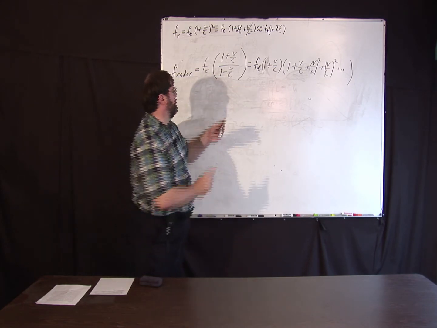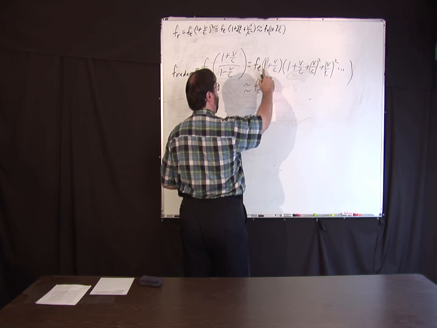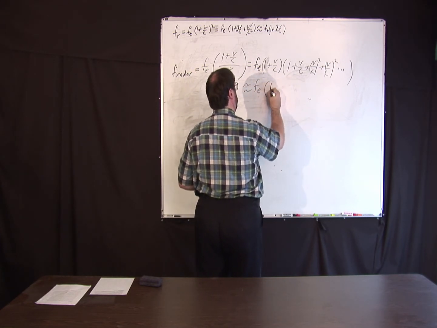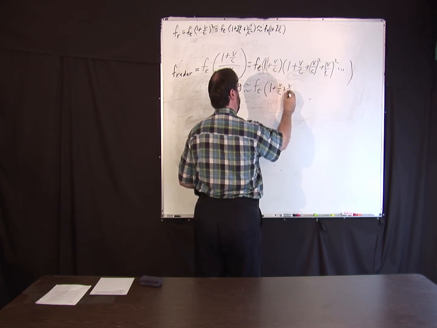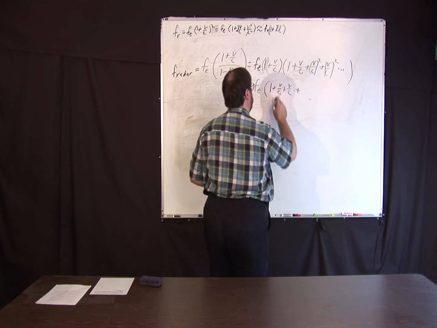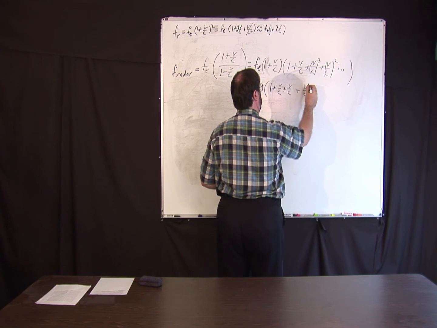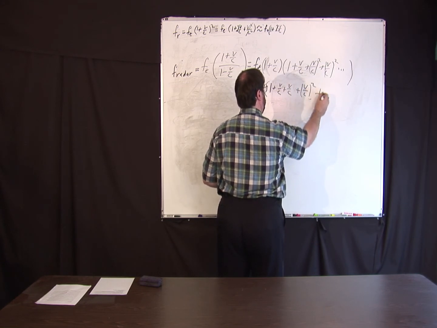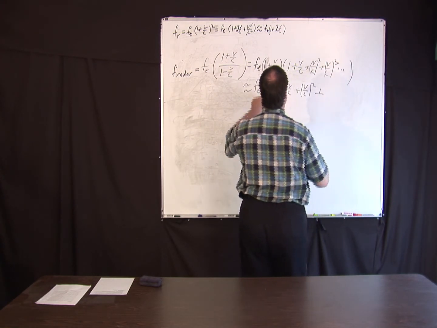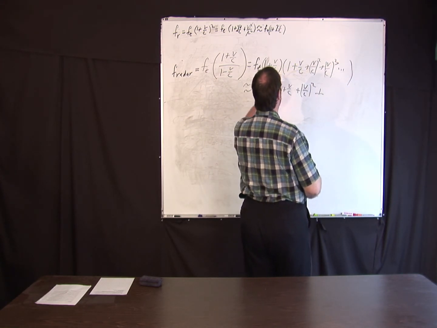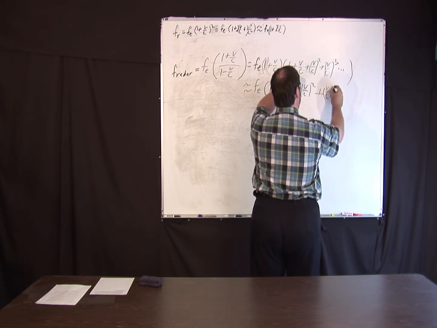Well, this is approximately equal to, let's just do a few terms. We got 1 plus v over c, times v over c plus 1, plus 1 times v squared over c squared, plus... cubed, so we got a v over c times v over c here, so we got another v squared over c squared.